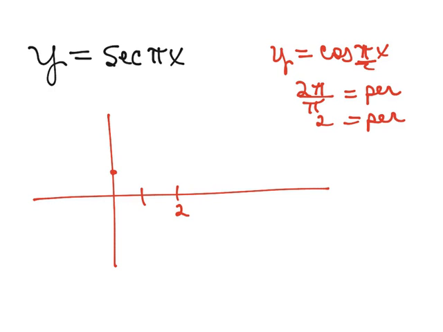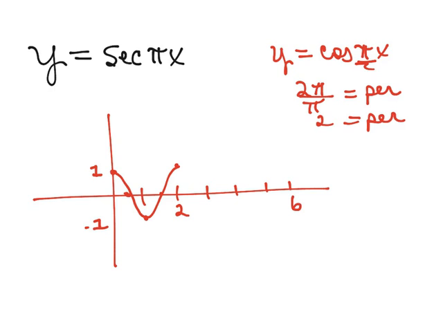Cosine starts at 1, goes to 0, goes to -1, goes back to 0, and then goes back up to 1. So there would be our cosine graph. We always like to graph maybe out to 2 pi.